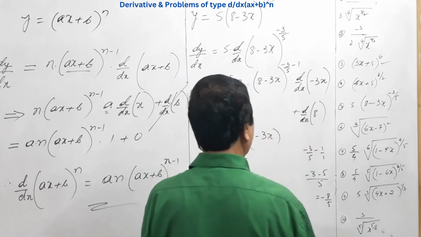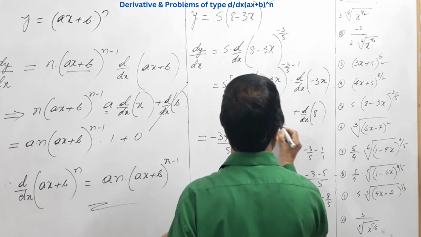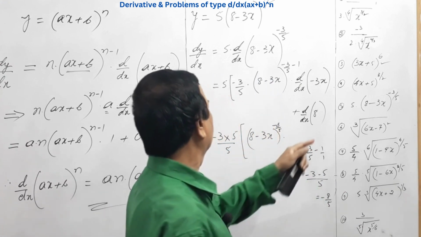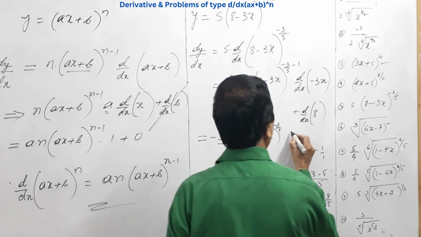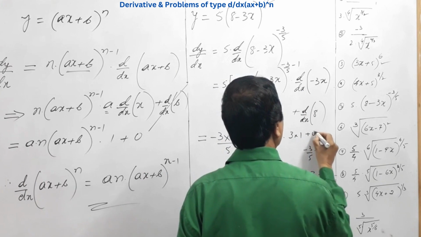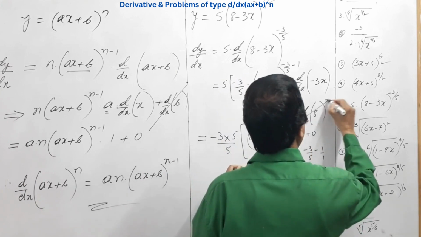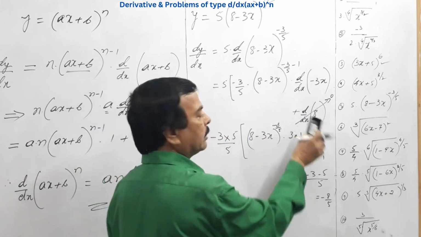So this becomes minus 8 by 5, into this 3 is there, into 3 into 1 plus 0. I'll write this as 0.